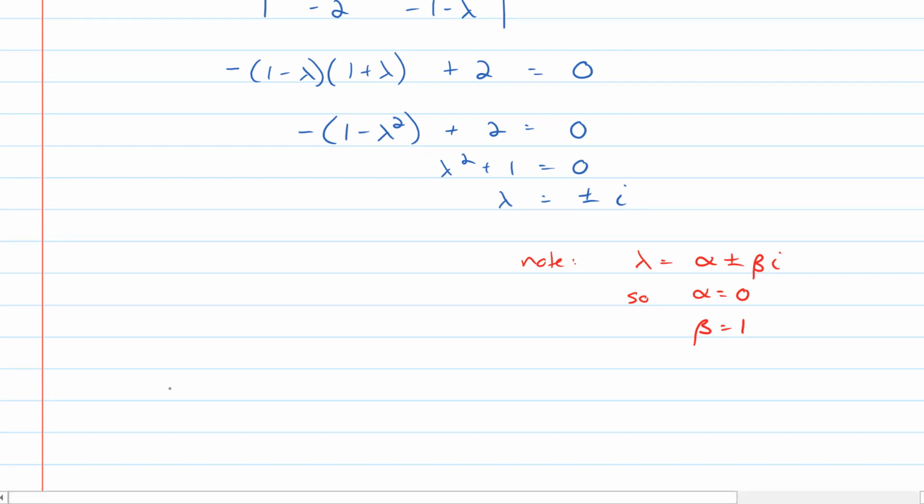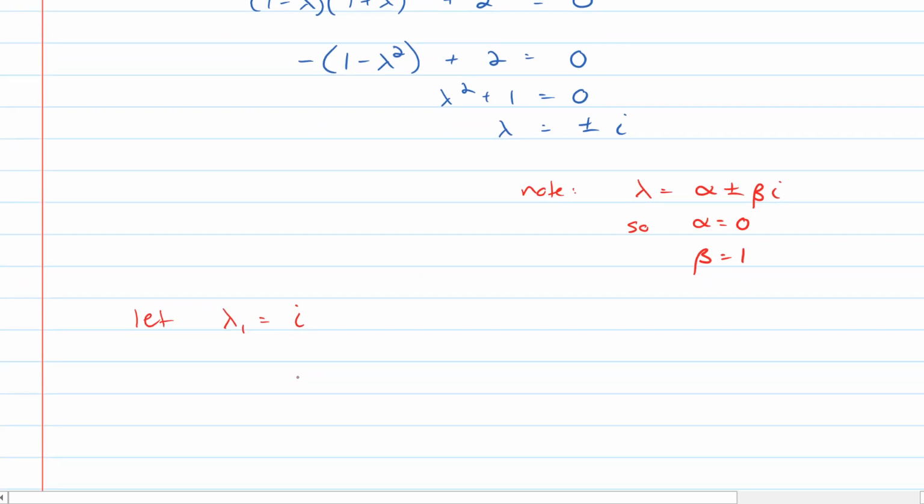Okay, so we're going to let lambda 1 is equal to i. Fortunately, these come in conjugate pairs, so we only had to find one of the eigenvectors, and then the other eigenvector will just be the conjugate of that. We're going to take A minus lambda I, where I is I2, the identity matrix, times K is equal to 0.